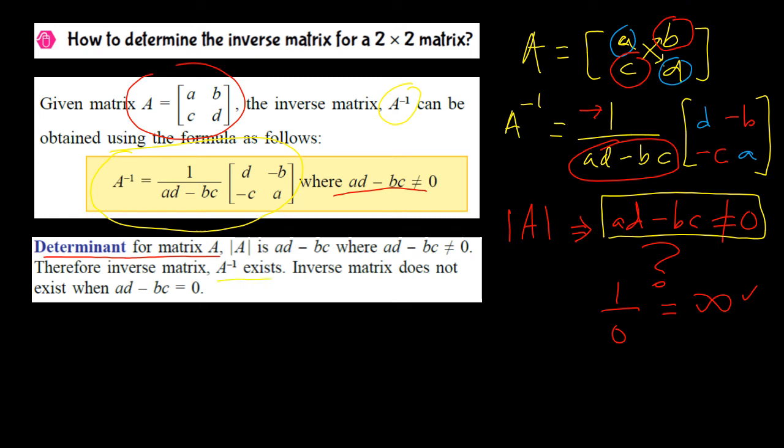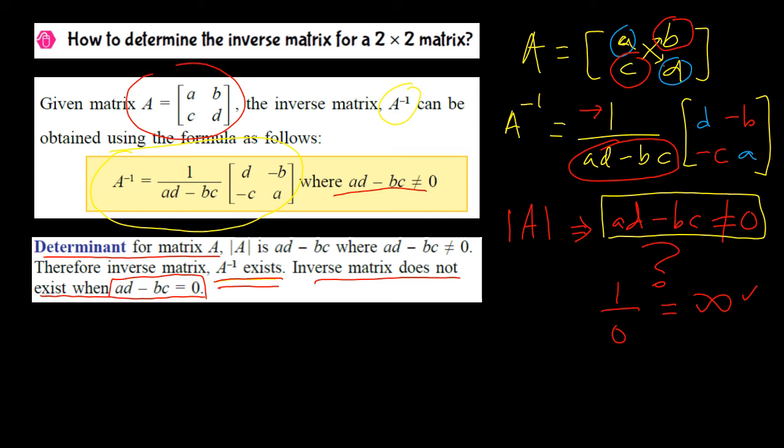Then your inverse matrix will exist. So the inverse matrix does not exist when your determinant, AD minus BC, equals 0.